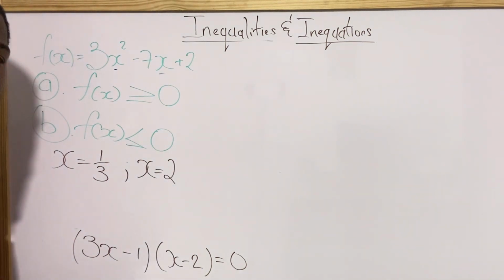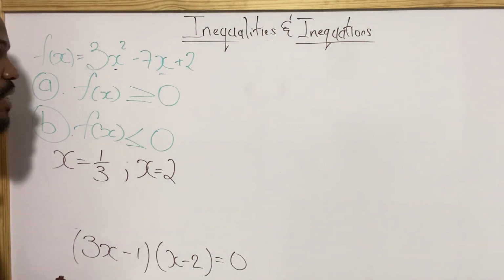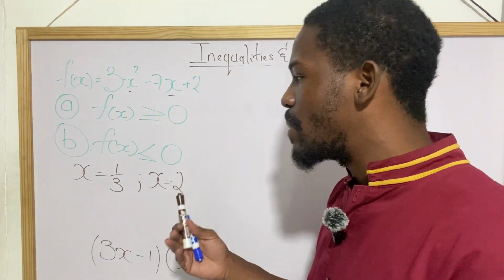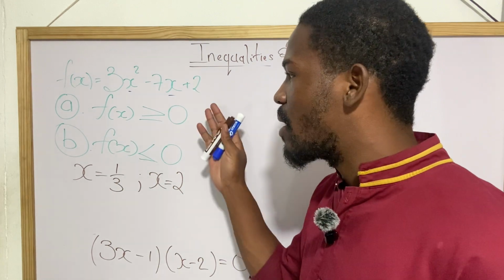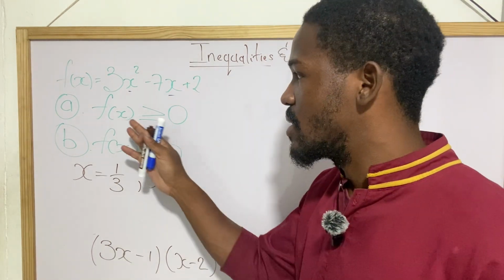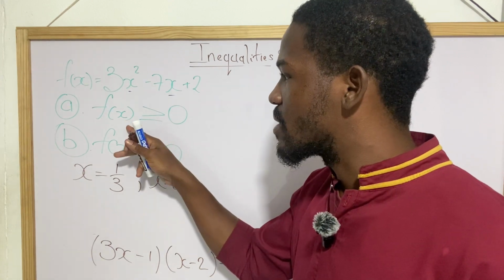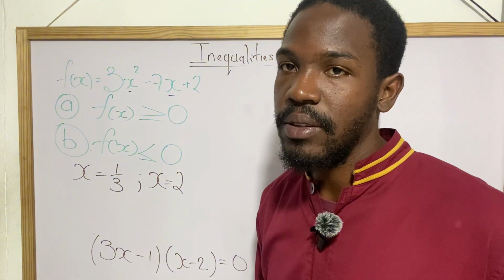All right, so I'm going to say something that is very important right now. If you look, we have two possible values of x. Now, when we look at part A of the question, it is saying we need to find the ranges of values of x where x is greater than or equal to 0.